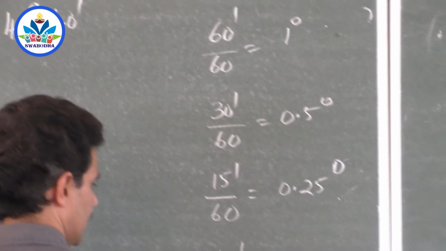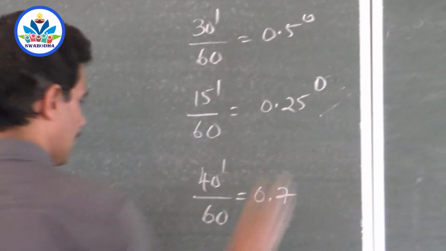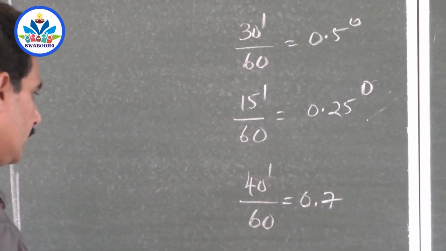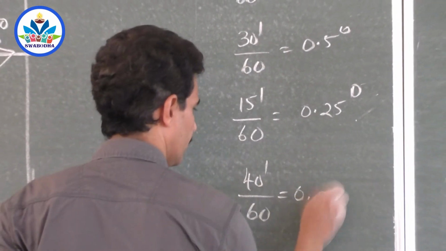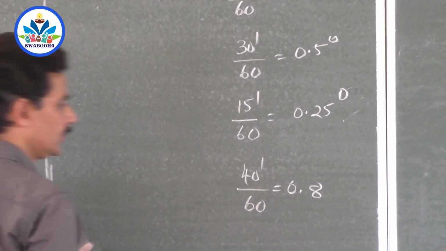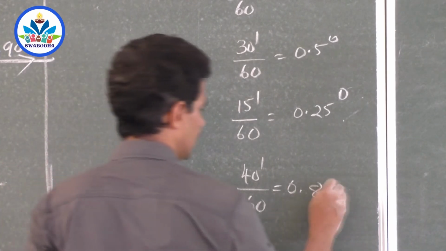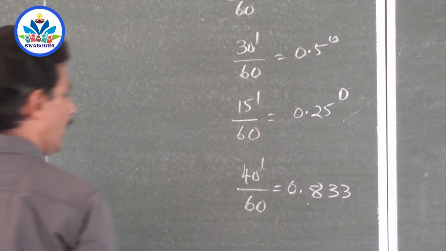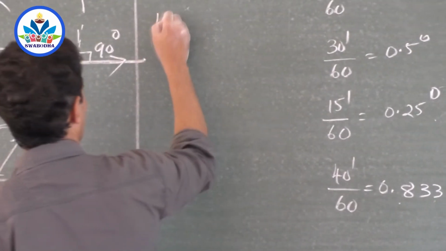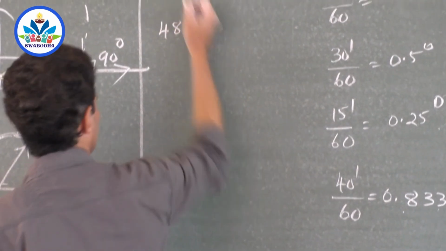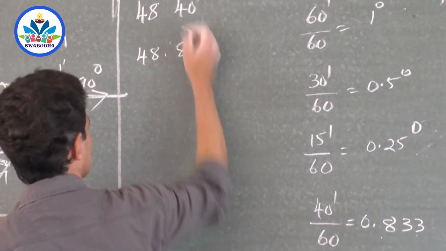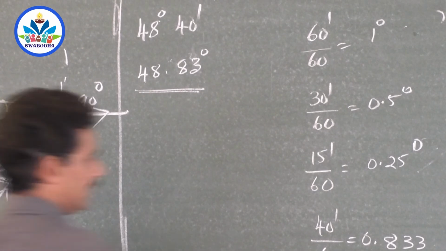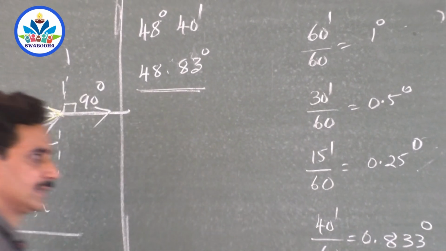Divide by 60. 6 7s are 42, 8 remaining. 8s are 48, 2 remaining, 3 something. 0.833. So 0.8 I will take almost. So shall I write it as 48.8 degrees? 48.8 degrees is enough. So this is 0.8 degrees, 40 minutes by 60.